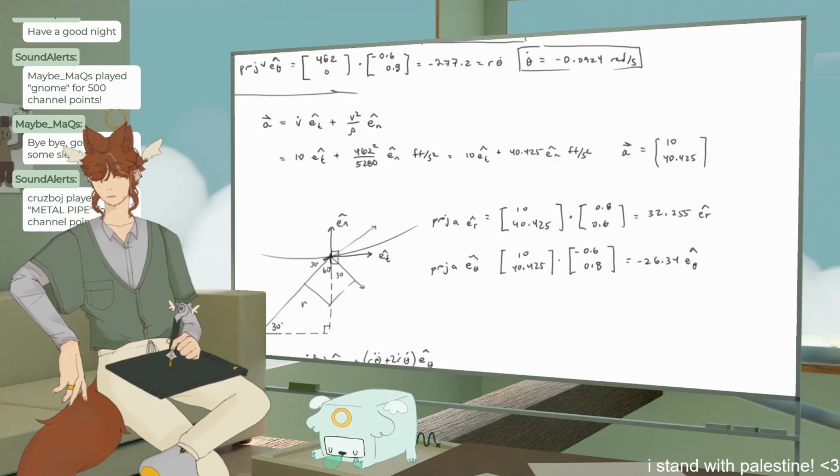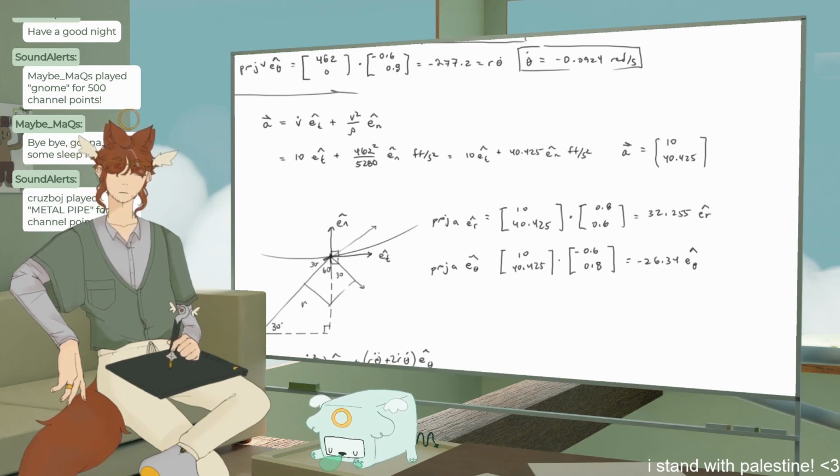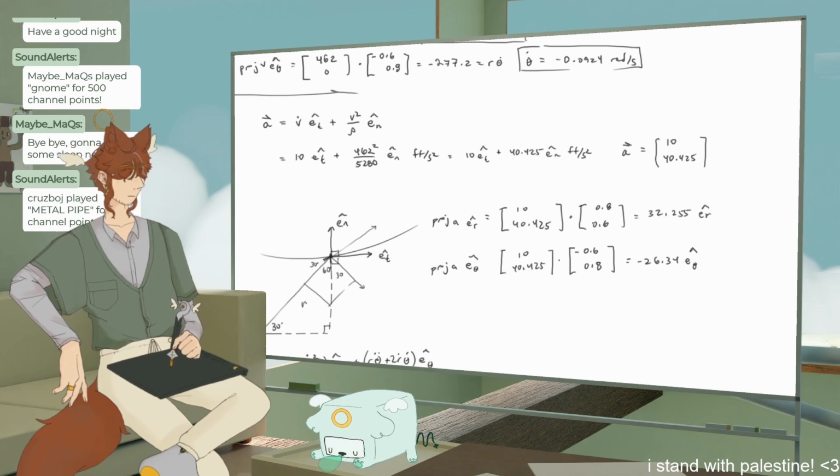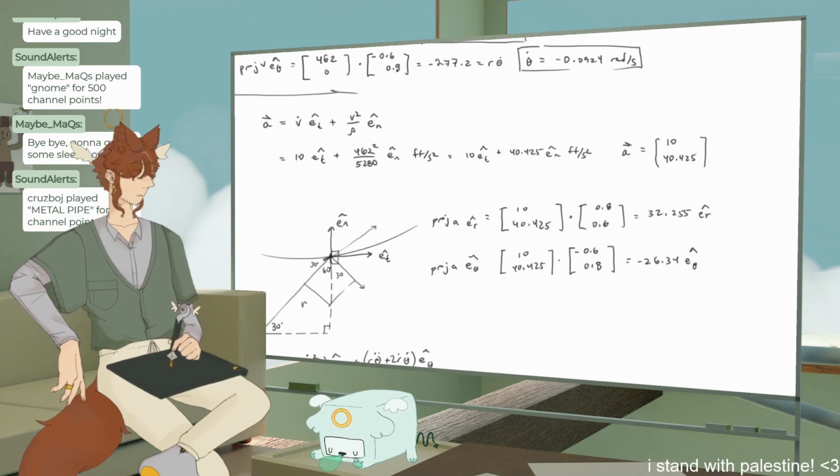I'll have to recalculate that one. 10.8 plus that times that. Is that correct? Let me just redo it again. Oh wait, you need to add them, not subtract them. Plus 34.8? Nope, 57.9. That's very different.